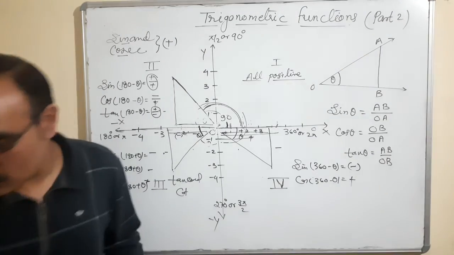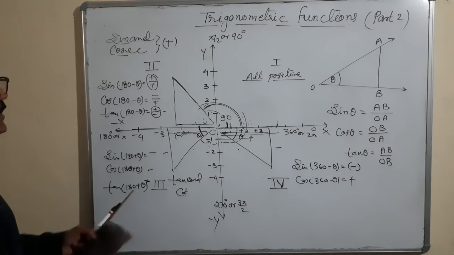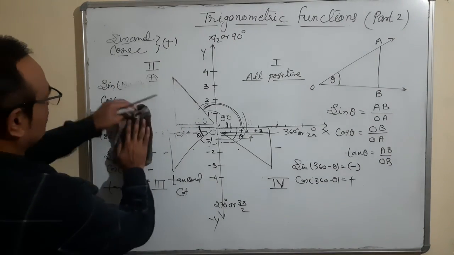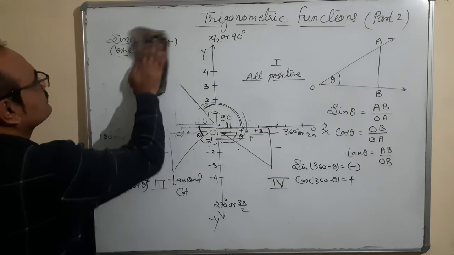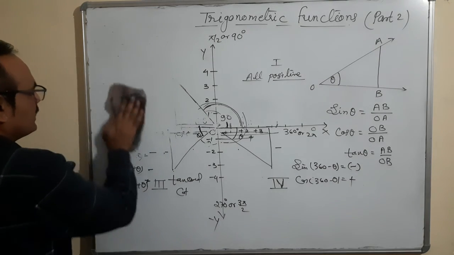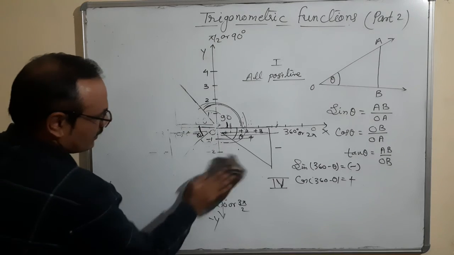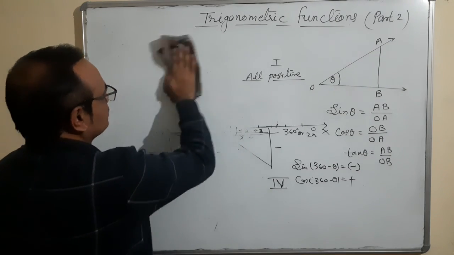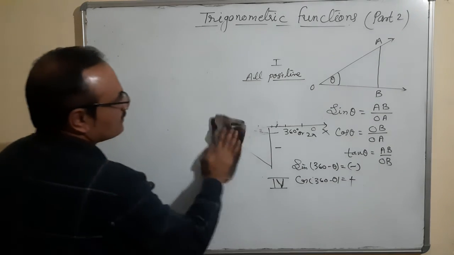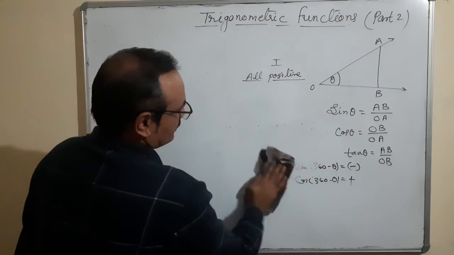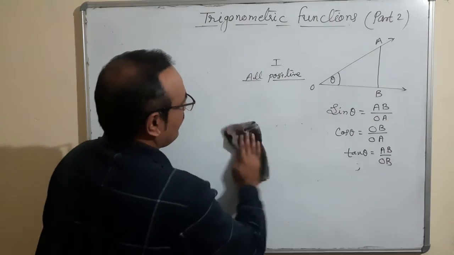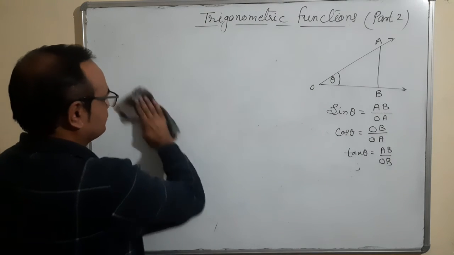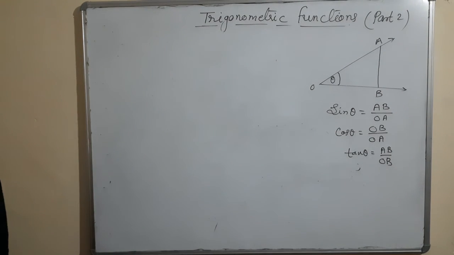So now what is the conclusion which we can draw from it? The conclusion is, once again I am making this diagram, because it is very confusing. You will remember this thing: in a Cartesian plane there are four quadrants, in this format.